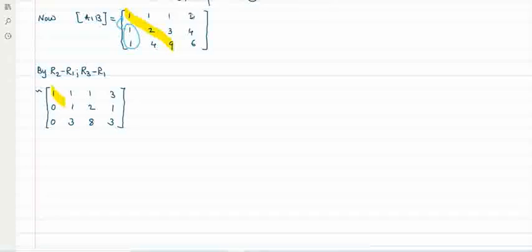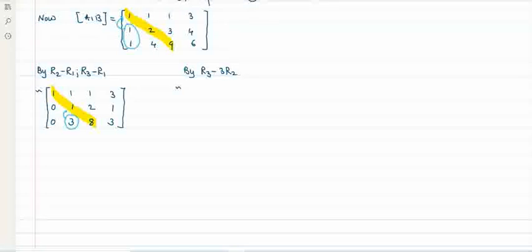Again, this is your diagonal entry. So next, the elements below A22, you have to reduce to 0. What is the transformation? R3 minus 3 times R2. So the change is in the third row only. First two rows, no change. 1, 1, 1, and 3. 0, 1, 2, 1. 0, 0, 0.